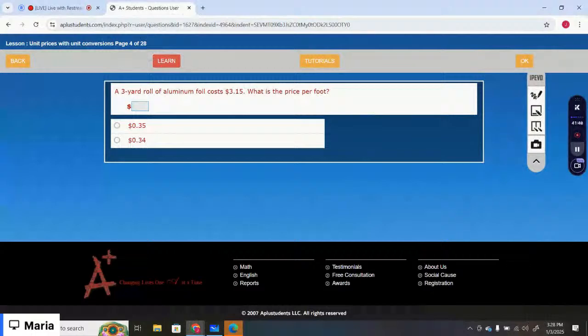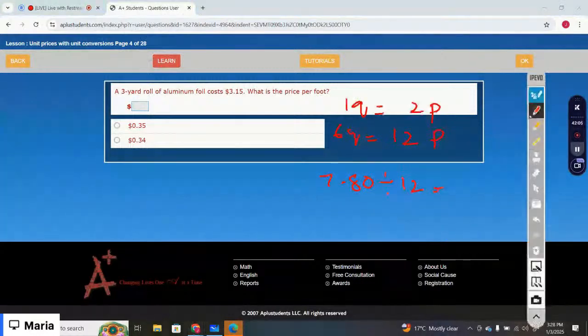So you have to convert from yards to feet. 1 yard equals 3 feet, right? So then 3 yards equals 3 times 3, that is 9.